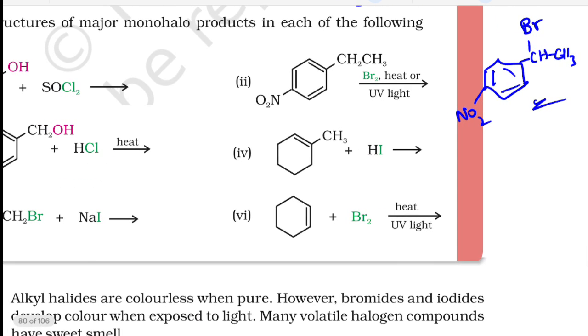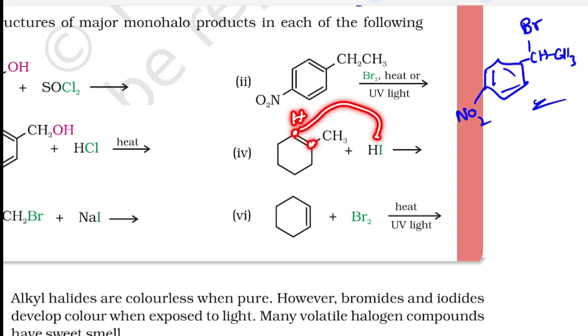Next, there is a compound and here HI is given. Whenever you see a double bond and HI, you have to think of Markovnikov's rule. Break this double bond and add hydrogen to the carbon containing the more number of hydrogen atoms. Here this carbon has one hydrogen atom and this carbon doesn't have a hydrogen atom.